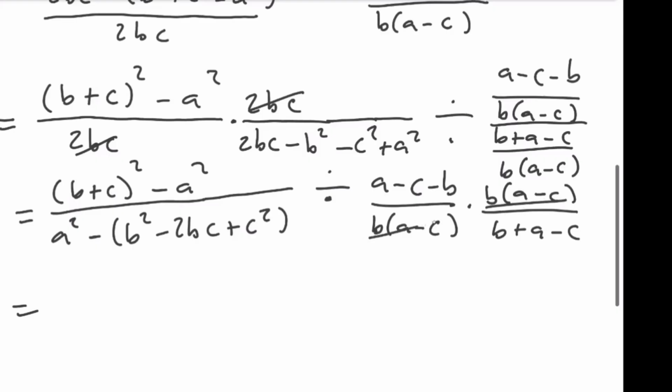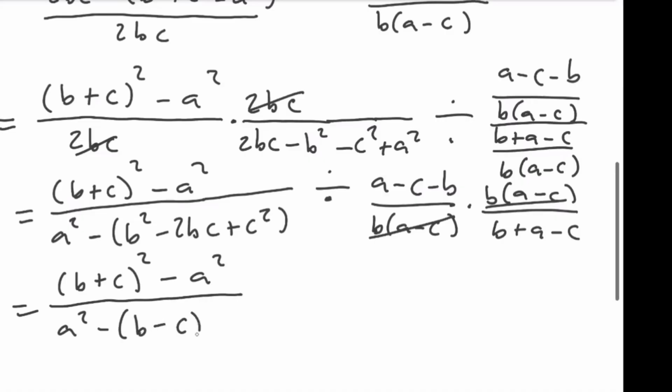That turns into 1. So we'll have b plus c squared minus a squared over, well, this will be a squared minus, and this will be b minus c squared, right? B times b is b squared, negative c times negative c is positive c squared, and then we'd have negative 2bc. And then divided by a minus c minus b over b plus a minus c.